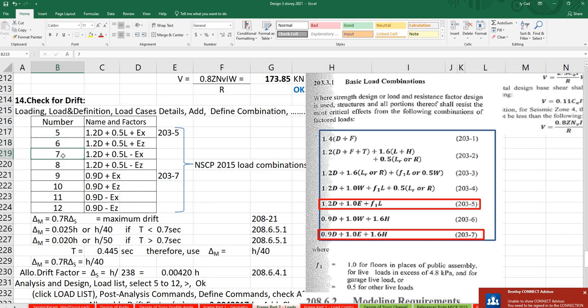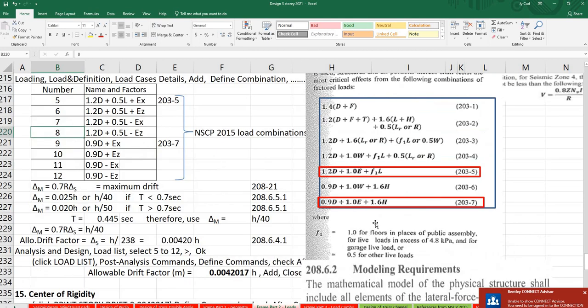And then 7 naman, negative X. 8 would be negative Z. Tapos dito sa 203-7, magiging apat ulit yan kasi apat ang ating earthquake. So 0.9 dead plus earthquake plus 1.6 H. But wala tayong H, kaya dead and earthquake lang yan. Okay? So ito siya.